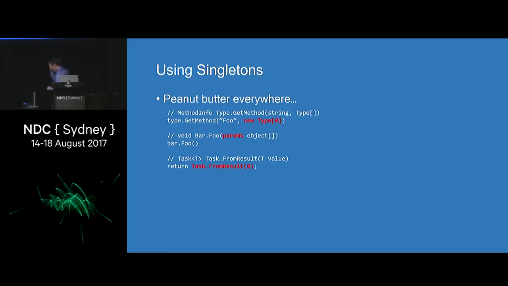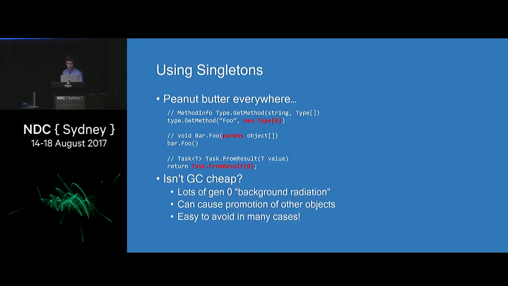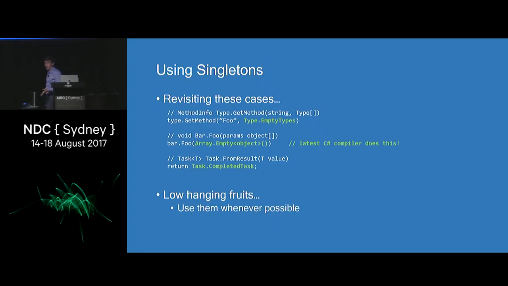Starting with C# 6, the C# compiler will actually emit more efficient code when you call something with a params array and you don't specify any arguments that go into the params array. It will actually emit code using Array.Empty<T>, which is a singleton instance of an empty array, okay? So if you are at some point inclined to do a new empty array somewhere, you may want to know that there are singleton types available. So for example, there is this thing called Type.EmptyTypes, which has been there since .NET 1.0.